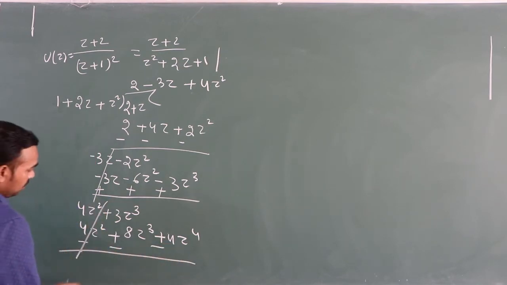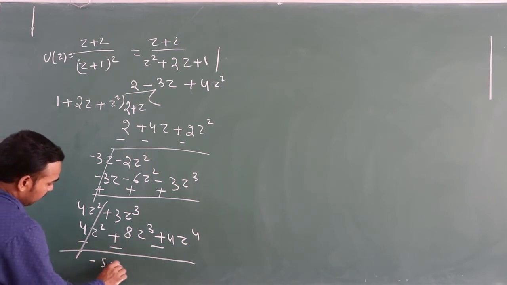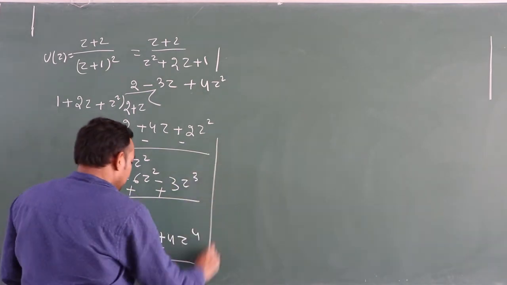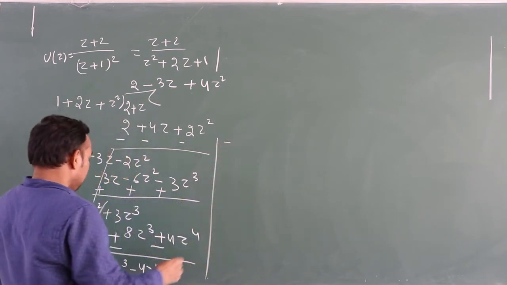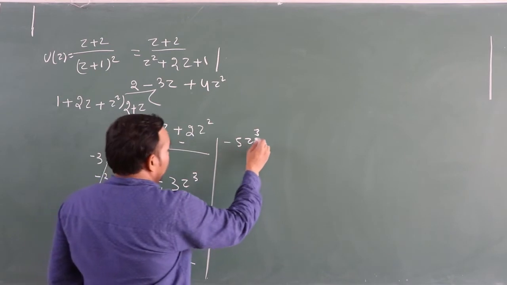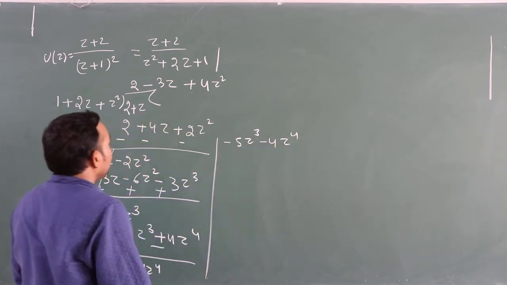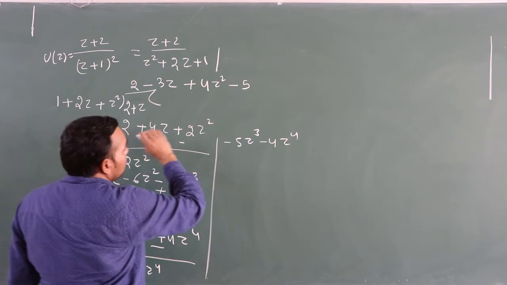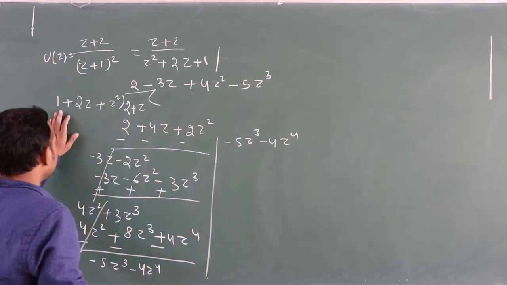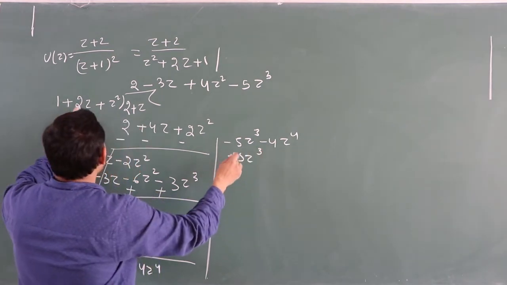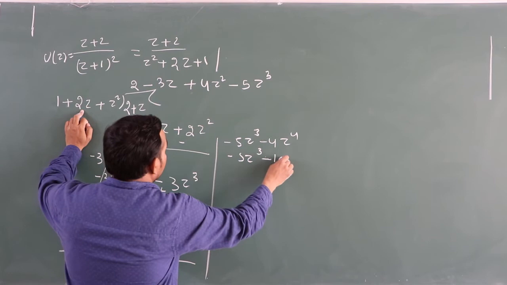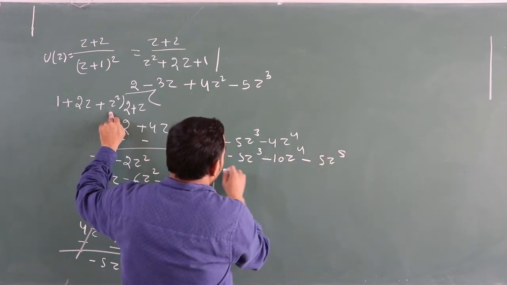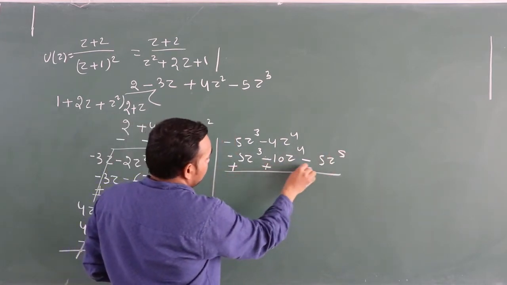finally we get here minus 5z cube minus 4z to the power 4, and again if we write in the same way, minus 5z cube minus 10z to the power 4 minus 5z to the power 5, and subtract, plus plus.